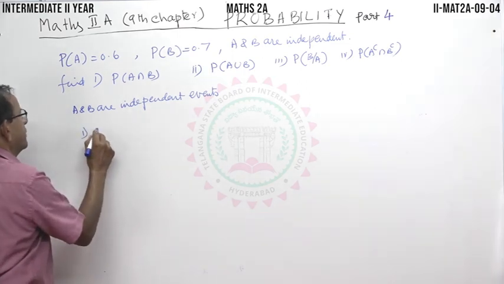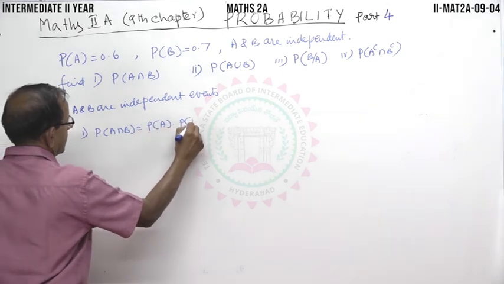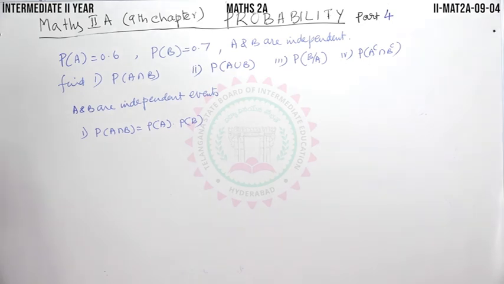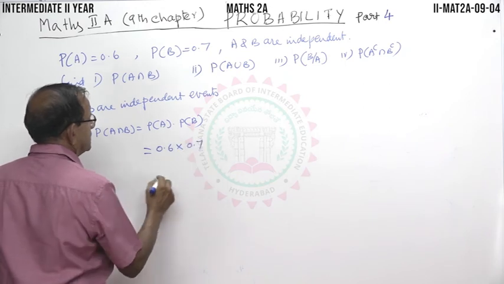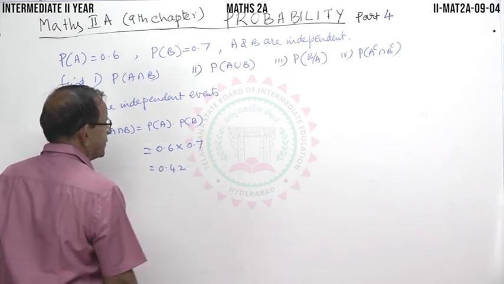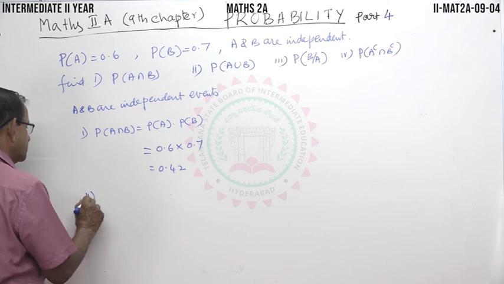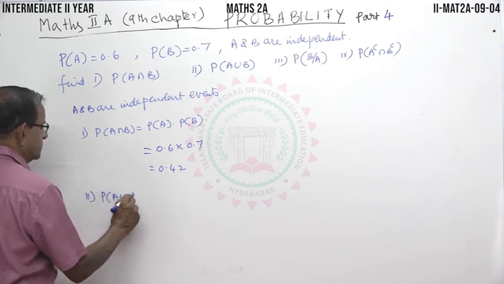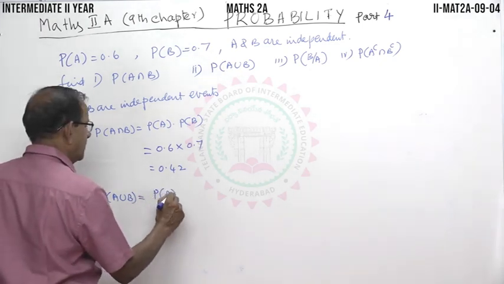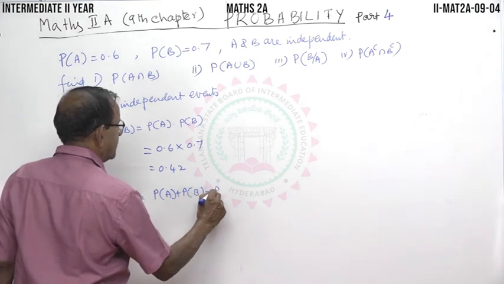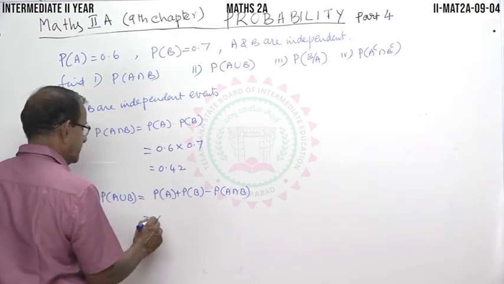1. P of A intersection B is equal to P of A into P of B because they are independent. That is equal to 0.6 into 0.7, 0.42. Next one is P of A union B. Formula for P of A union B is P of A plus P of B minus P of A intersection B. P of A is given as 0.6.